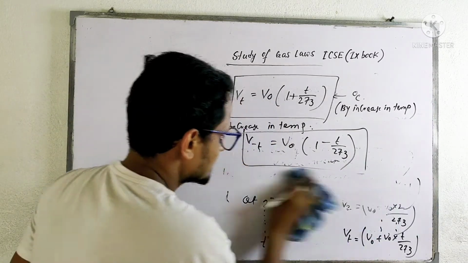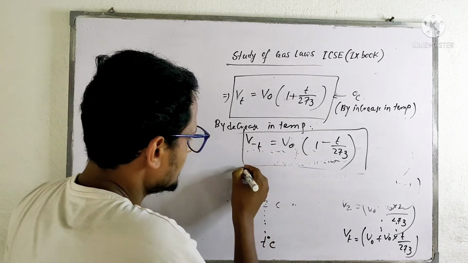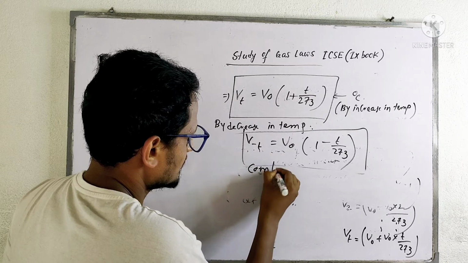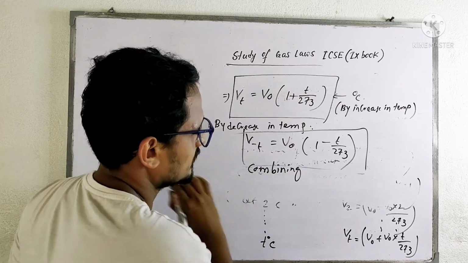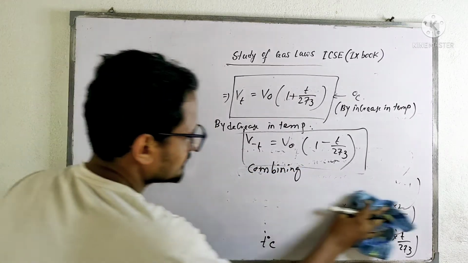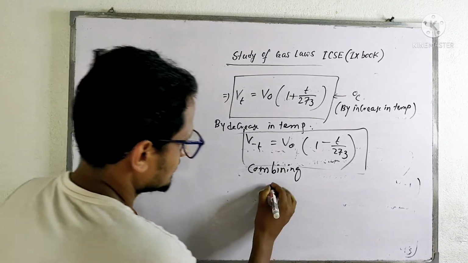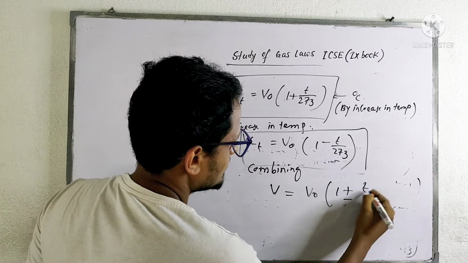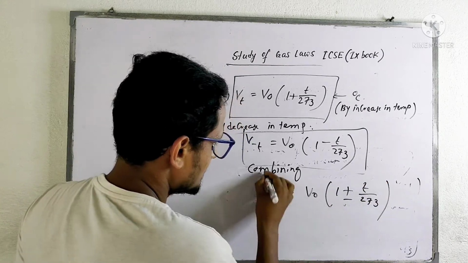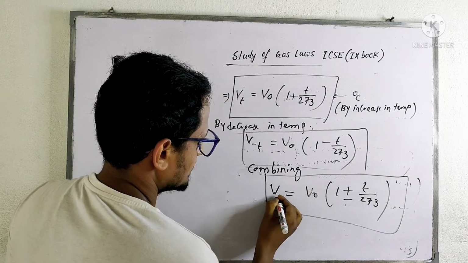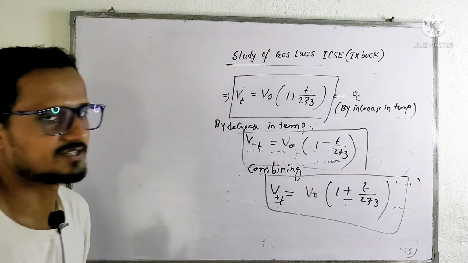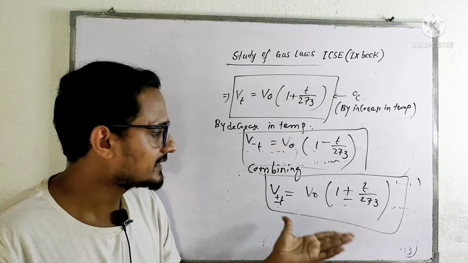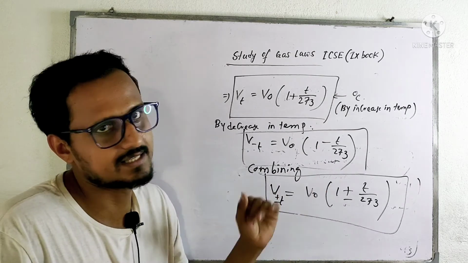Now combining these two, we can say that Vt equals V0 into 1 plus or minus T by 273, plus for increasing temperature and minus for decreasing temperature. So this is the relation of Charles' law in centigrade.